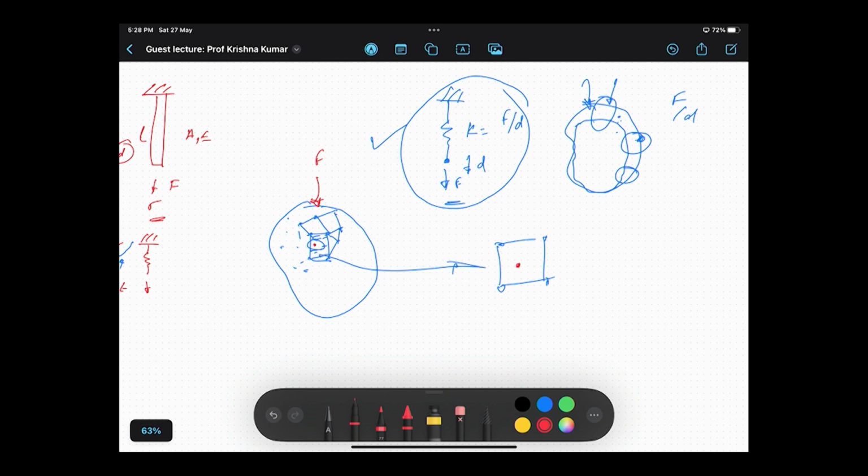So if this guy is going to get displaced by U1, this guy by U2, say for example 2 mm, 3 mm, 4 mm, 5 mm, these are the displacements in this direction. Then this red chap is going to listen to them and interpolate them. So if the red chap is very, very close to number 1 guy, he would listen a lot more to 1, almost 90% from 1, and a lot less to number 4 who's far away.